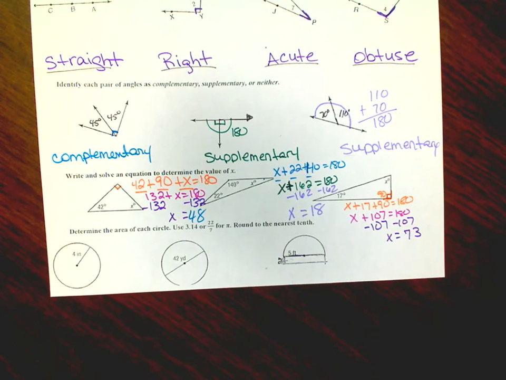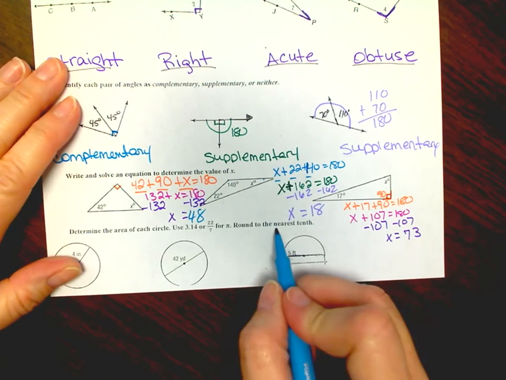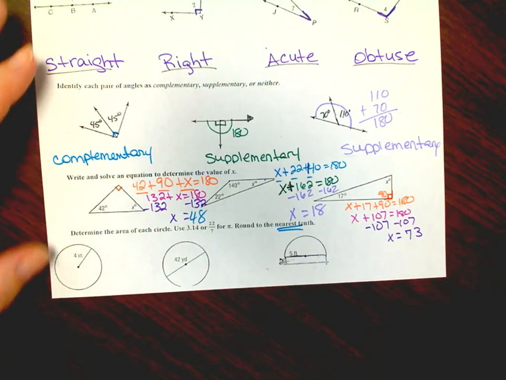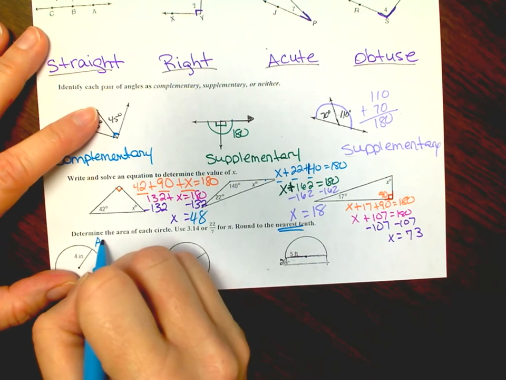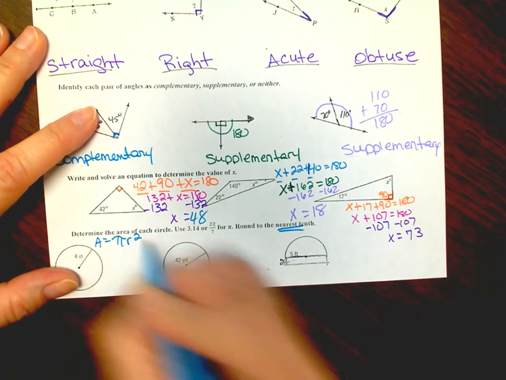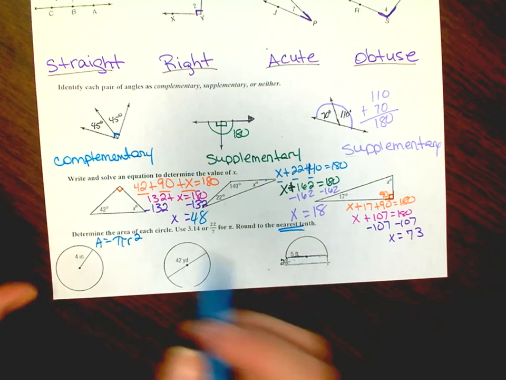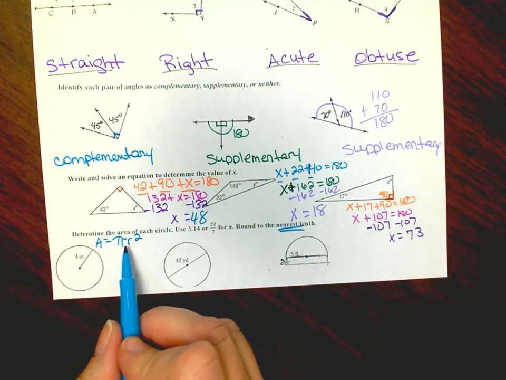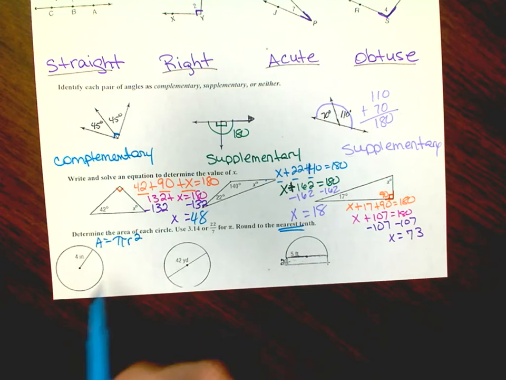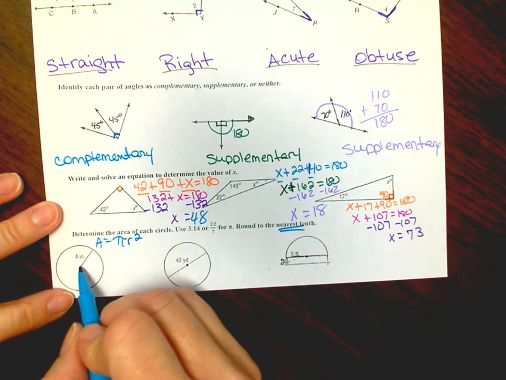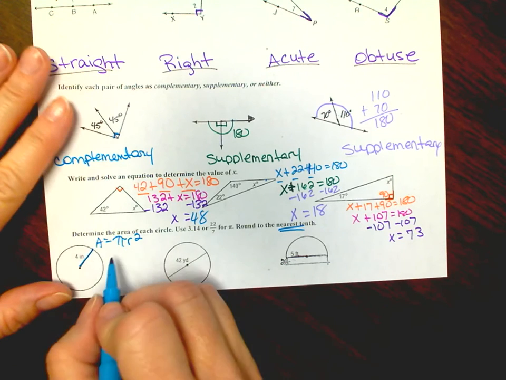And now for the area of a circle. Round to the nearest tenth. Area equals pi r squared. Remember, when you square something, it's that number times itself. It's not the diameter, it's the radius. So in this circle, it gave us the radius of 4.